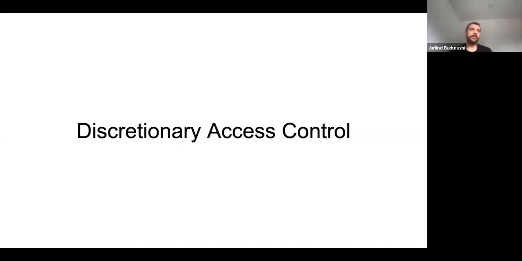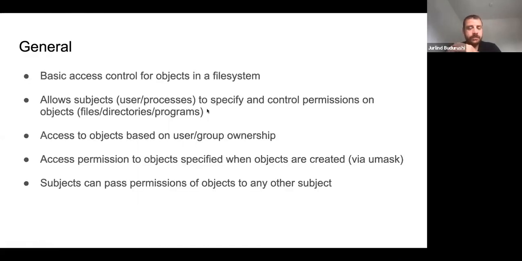So let's talk a little bit about discretionary access control now that we have some background. So this is the basic access control for objects in a file system, implemented by default in your Linux operating system.